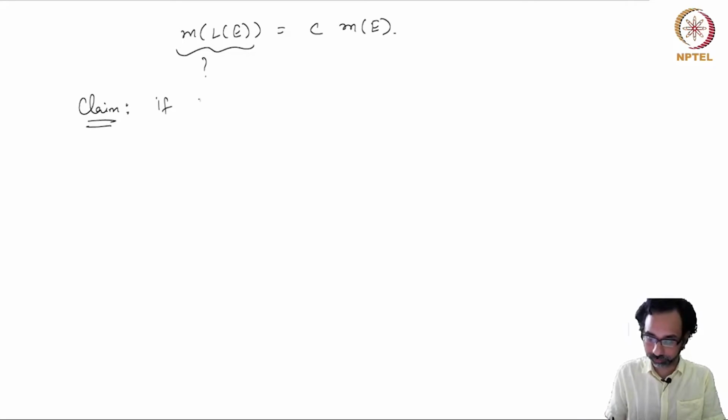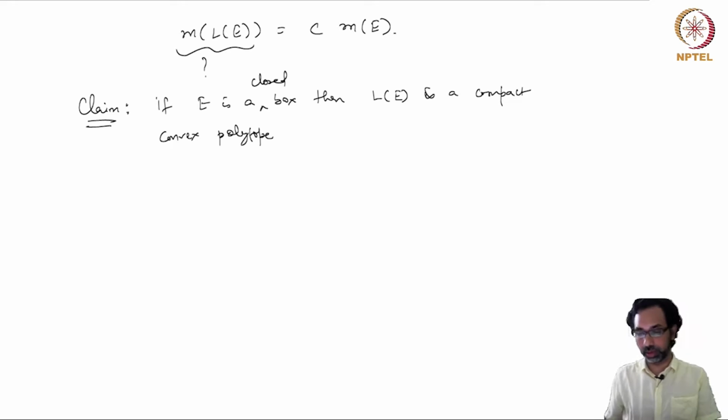For this end, we will make the following claim: if E is a box, then LE is a compact convex polytope. I will take a closed box here, but it doesn't make much difference, because you can take the closure of an open box and the Jordan measurability will not be affected.